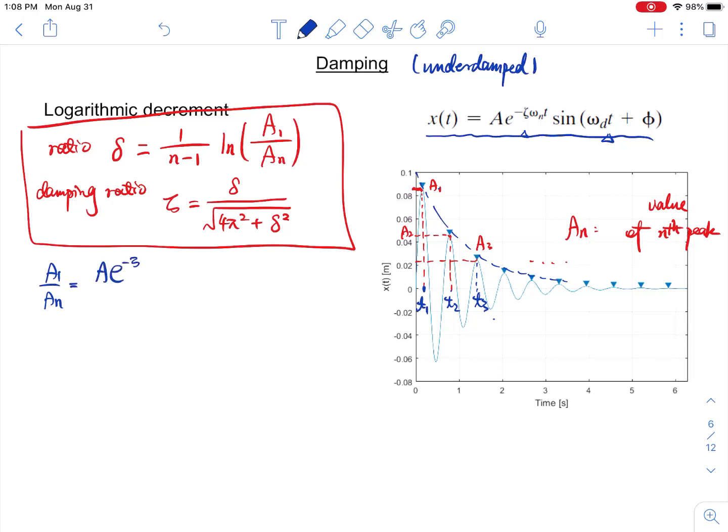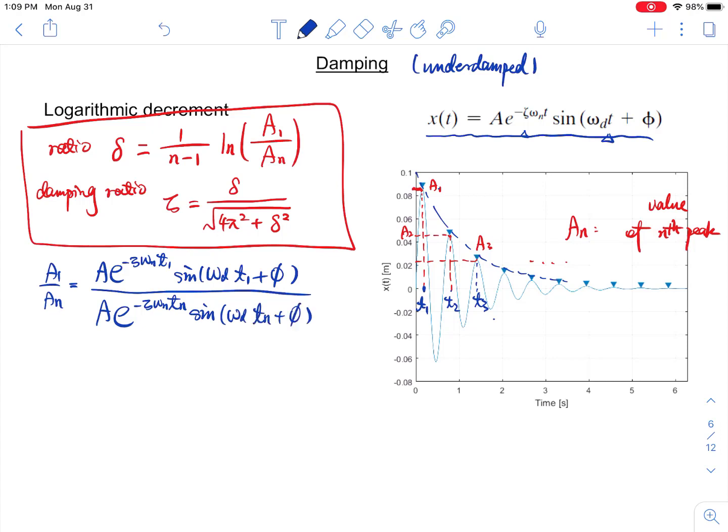A e to the minus zeta omega n T1 sine of omega d T1 plus phi, divided by A e to the minus zeta omega n Tn sine of omega d Tn plus phi. We just plug x of t back into this equation.